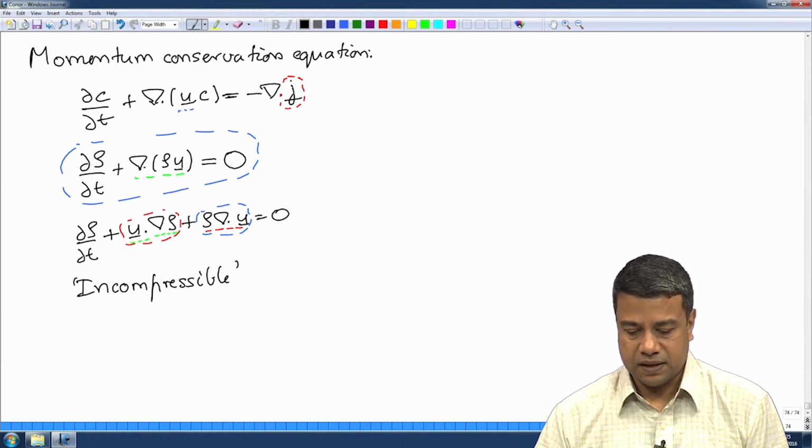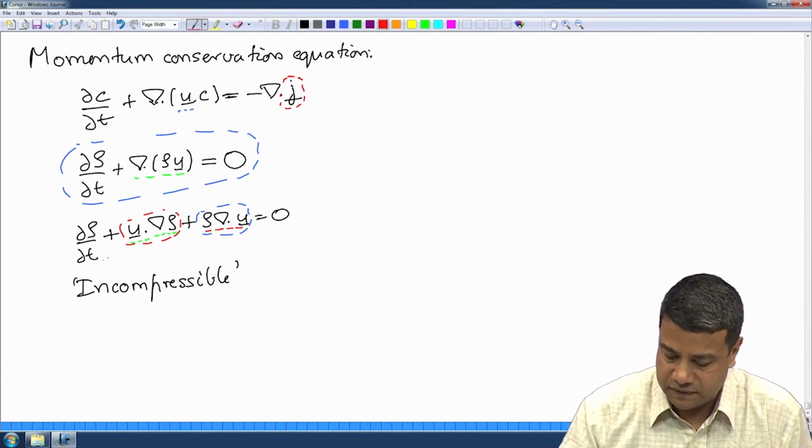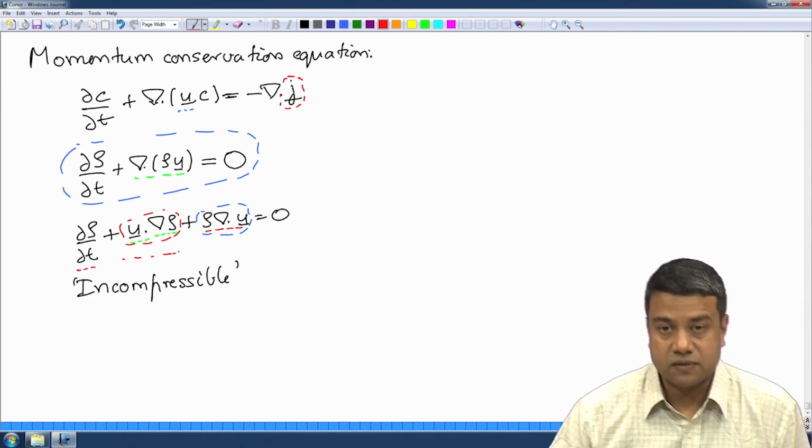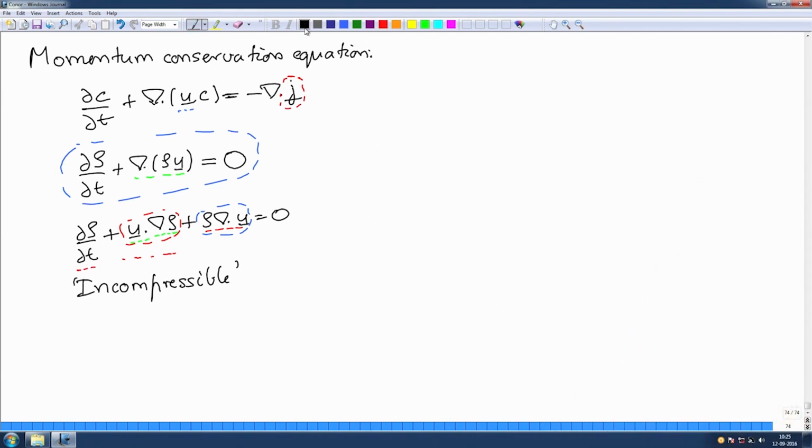And in that case, you can neglect these first two terms in the equation, because there is no variation in the density, and the mass conservation equation basically reduces to the density times the divergence of velocity is equal to 0.